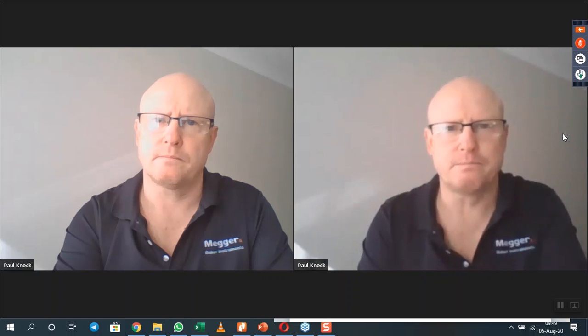So the windings can fail through contamination for many reasons. The picture that is on the screen now, you can see contamination there. And what happens is during startup, you get approximately 8 times the current of the motor's full load capability surge through those windings.